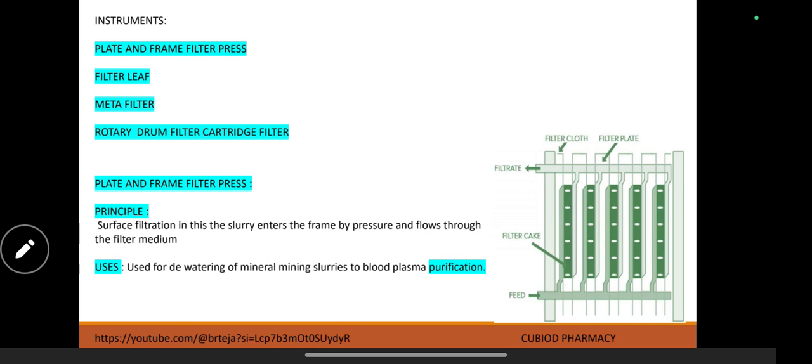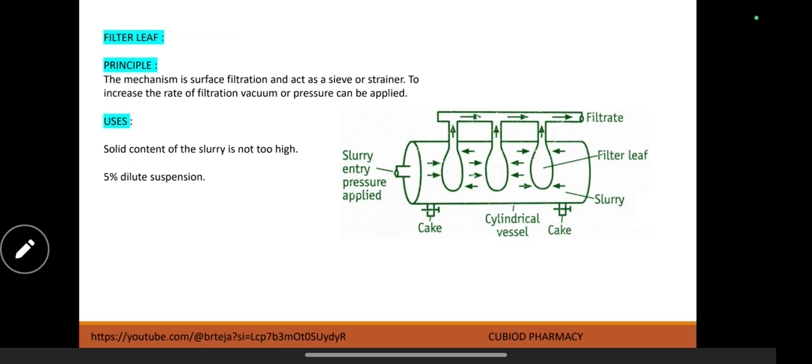Next instrument, filter leaf. What principle is involved in filter leaf? The mechanism is surface filtration, and it acts as a sieve or strainer. To increase the rate of filtration, vacuum or pressure can be applied. Uses: when the solid content of the slurry is not too high, 5% dilute suspensions.